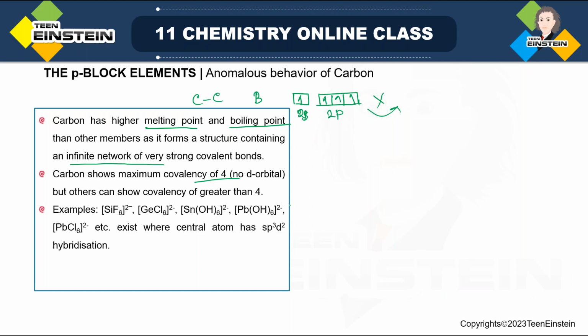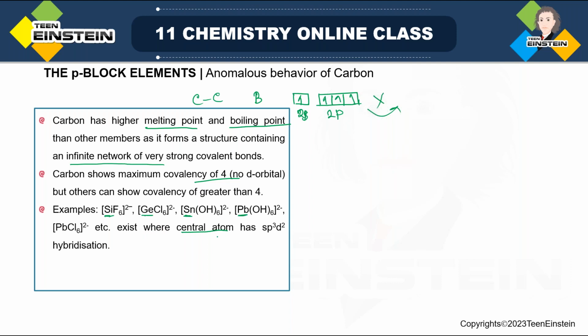Here you can see some examples where the central atom is silicon in SiF6 2 negative, then germanium in GeCl6 2 negative, and Sn(OH)6 2 negative. The atoms I am marking are basically group 14 elements: silicon, germanium, tin, then lead.